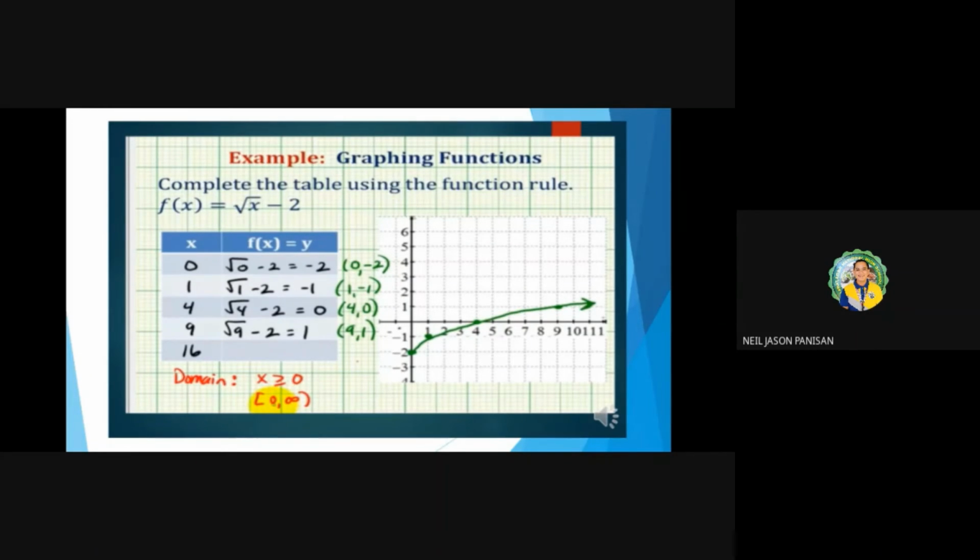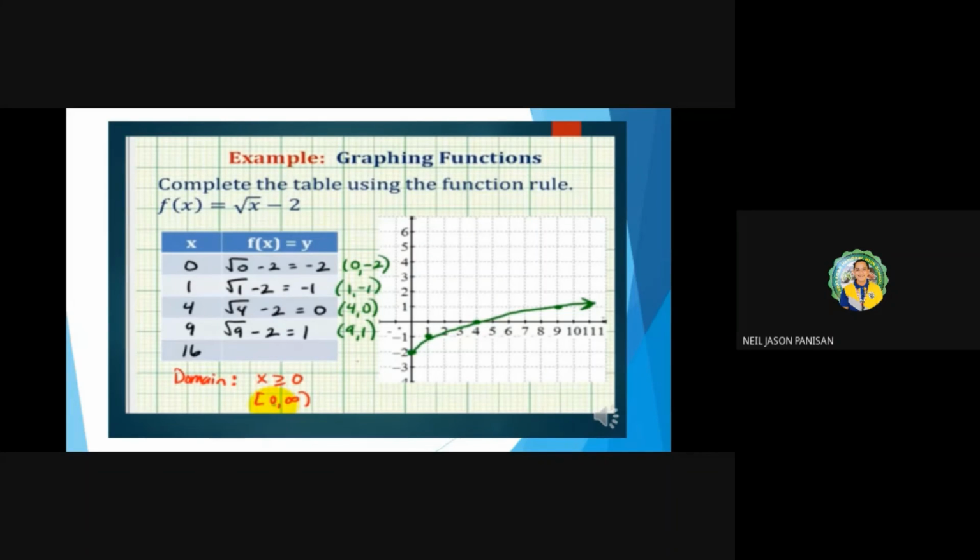Then the third point, we have x is 4, so we count 4 from the 0, 1, 2, 3, 4, and since the y is 0, the third point is on the 4 line. Then the last, we have 9 and positive 1, so from the 0, we count 9 counts. Then going upward 1 count since the value of y is positive.